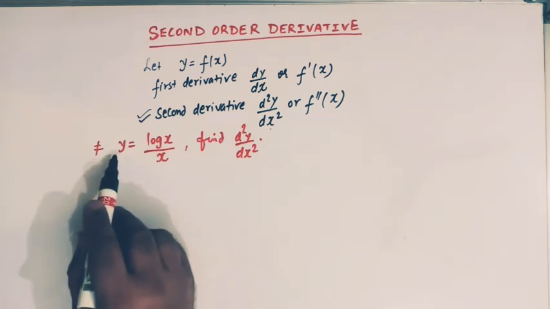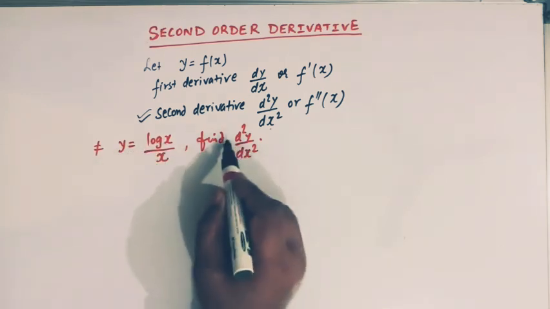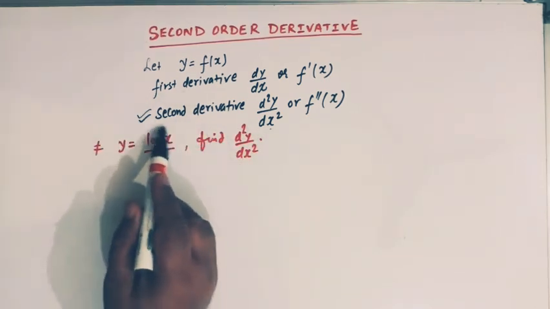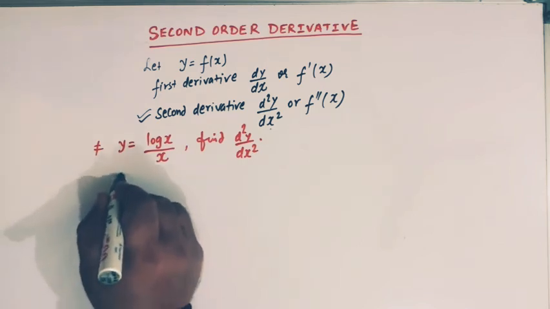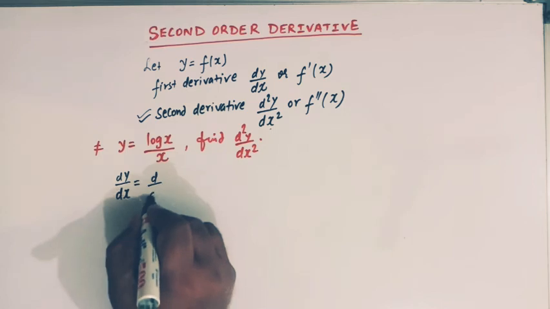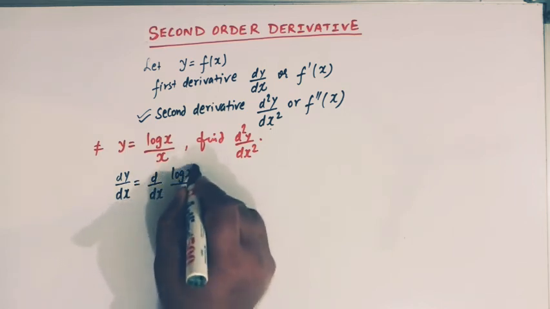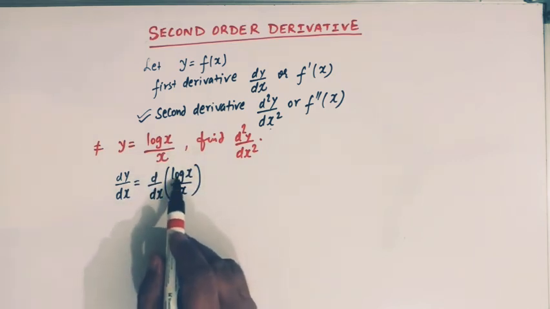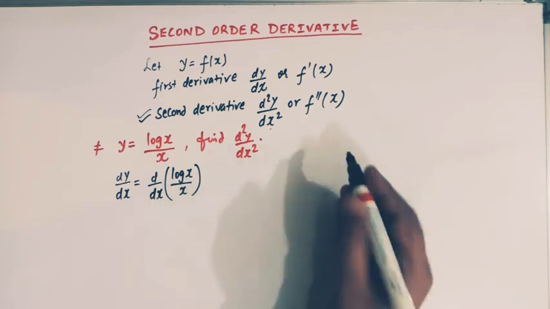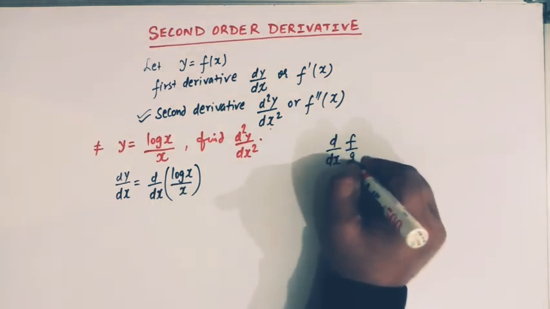Now let us take this function y is equal to log x divided by x, and we have to find the second derivative. So what we will do, we'll first find the first derivative. So dy over dx is equal to d by dx of log x over x. Now here we see that this function is the quotient of two functions, of the type f over g.